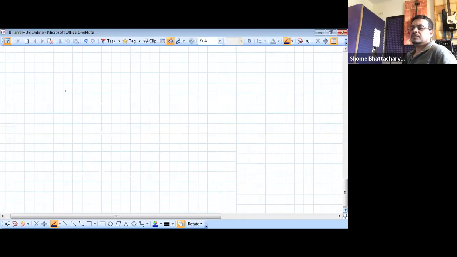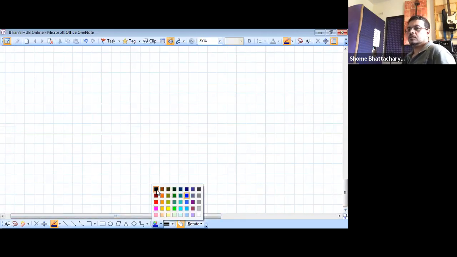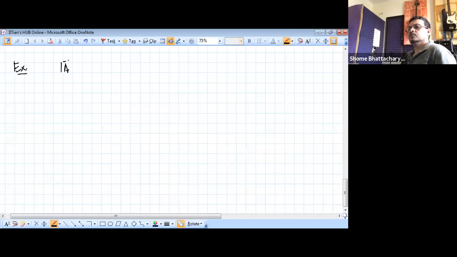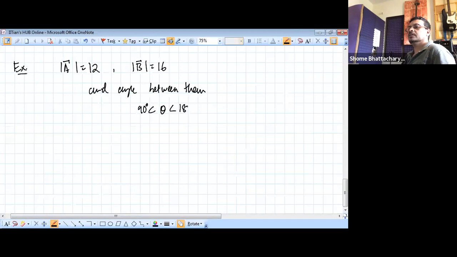Okay, so for example, if I just put a question like this now, that magnitude of the vector A is 12, magnitude of the vector B is 16 and the angle between them, theta is greater than 90, less than 180 degrees.